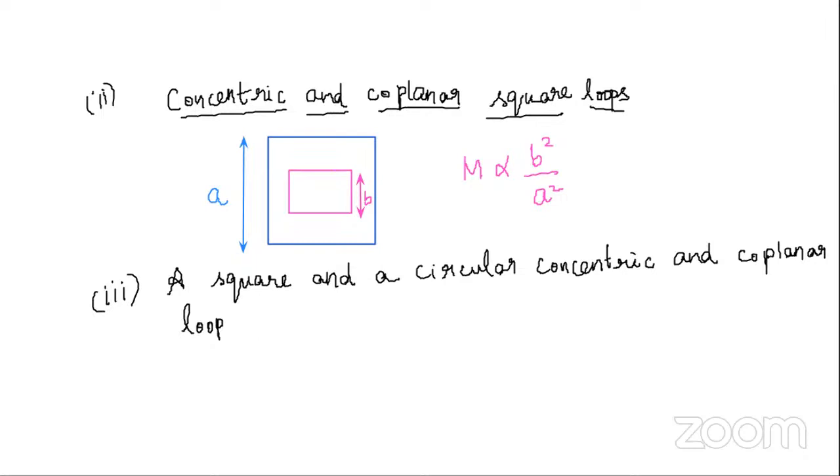So here you may have a square like this. And inside the square you may have a circular loop like this.